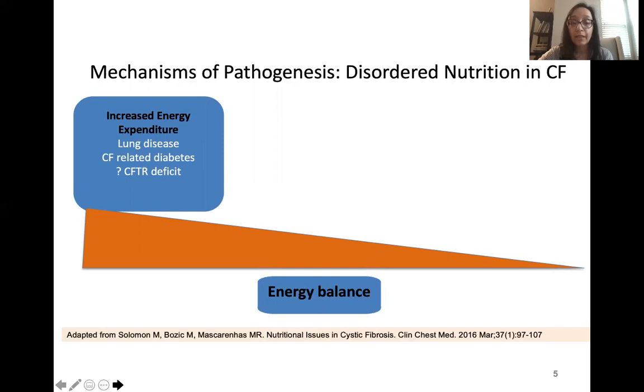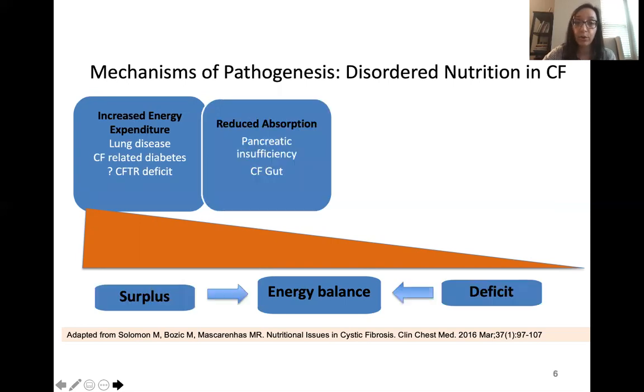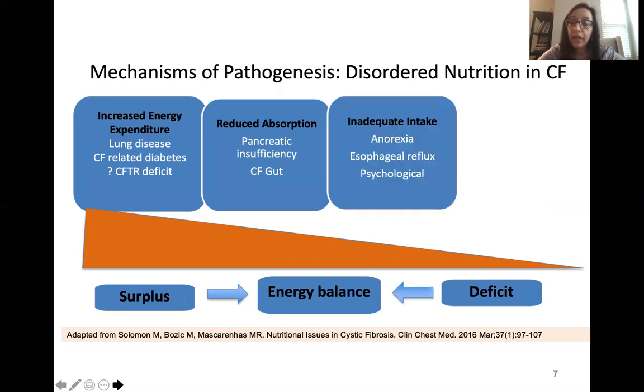Of course, we have cystic fibrosis-related diabetes as an important contributor to increased energy expenditure, and perhaps the CFTR deficit itself can be playing a role. Additionally, we have reduced absorption of nutrients, because of a combination of pancreatic insufficiency and CF gut, which we'll talk about in just a moment. And then we have inadequate intake due to loss of appetite, reflux, or psychosocial risk factors.